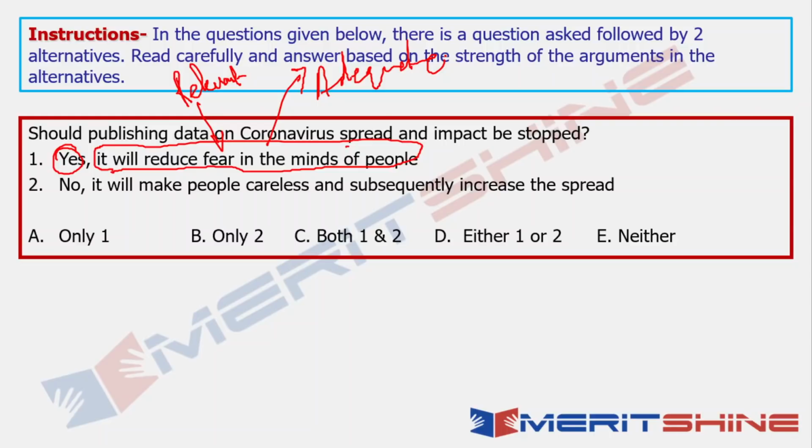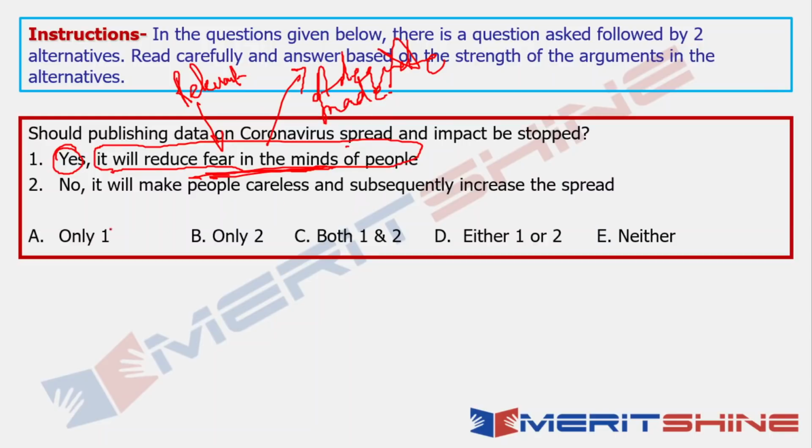Reducing fear in minds of people, is it good or bad? We do not know from the basis of the data that has been given. So this is inadequate. So I cannot base my decision whether I should stop publishing data or not just on the basis of this logic, because it is inadequate. It is relevant, but it is inadequate.